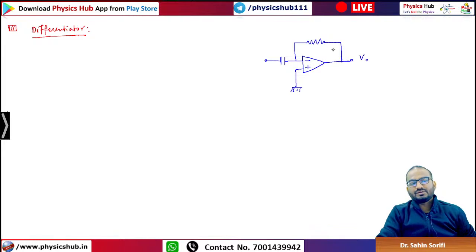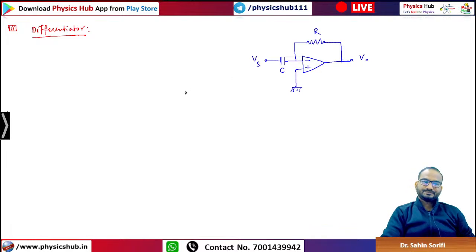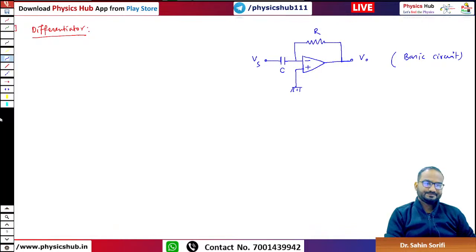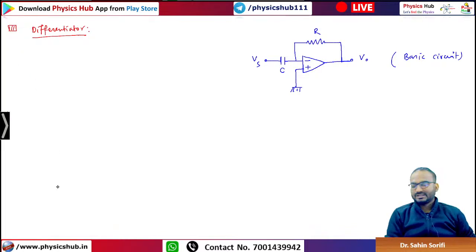V naught, this is R, this is C, this is the input voltage Vs. The basic circuit is the one you need to tackle in the examination. They will not give you the practical circuit. Intentionally they can give it, but mostly you can use the formula of the basic circuit.